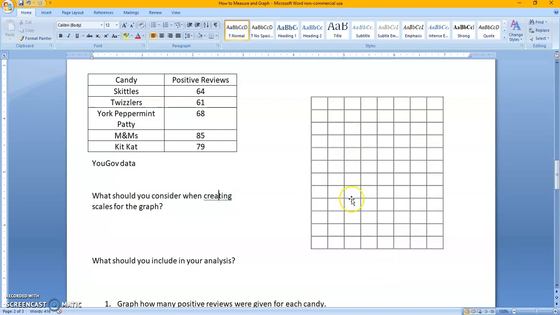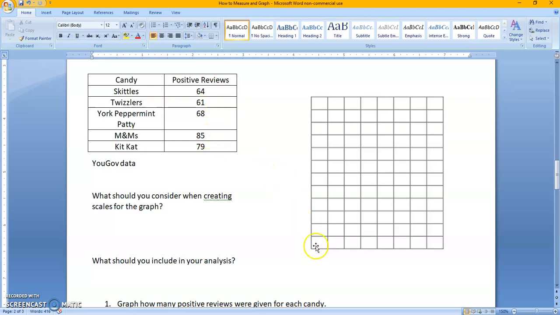So over here I have my graph, and there are a few things that you need to consider when creating the scales for your graph. You always need to make sure that you are using the maximum volume of your graph, okay? For instance, in this one, my values are from 61 to 85.